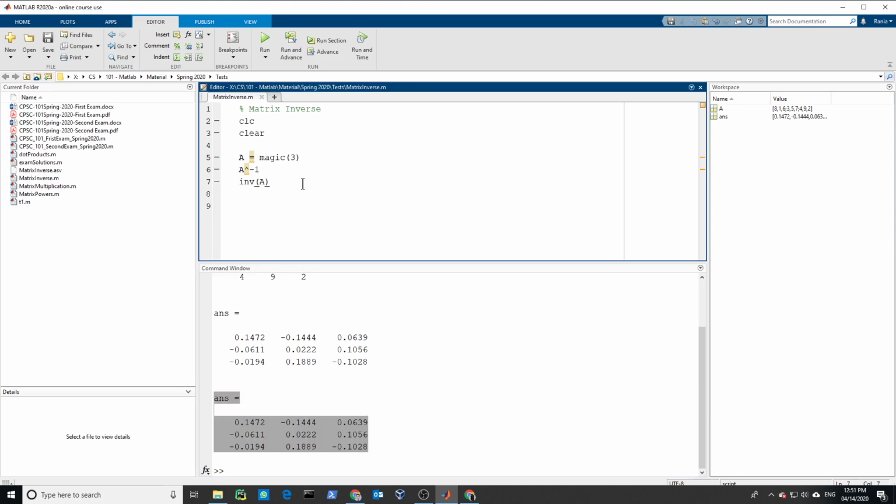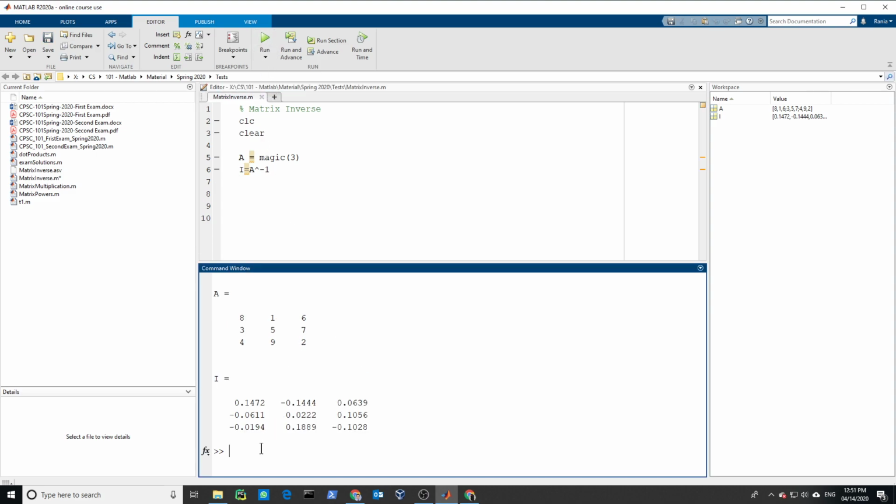Bottom line, the inverse is if you multiply. Let me save this in, for example, I. Let's save the inverse in I. Let me delete this for now. So if I multiply A by its inverse, it will give me what?